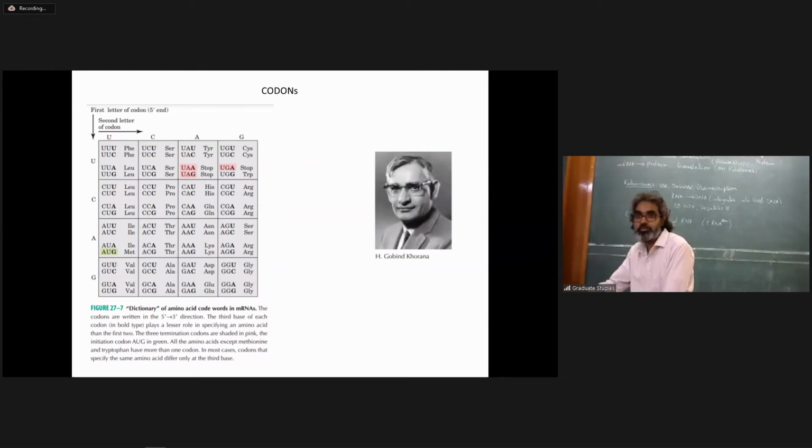Automatically you have this table. For example, at the top left, if you see UUU, which DNA sequence does it come from? This is mRNA, so it needs to come from DNA. What is the DNA sequence which gives you UUU in mRNA? AAA.